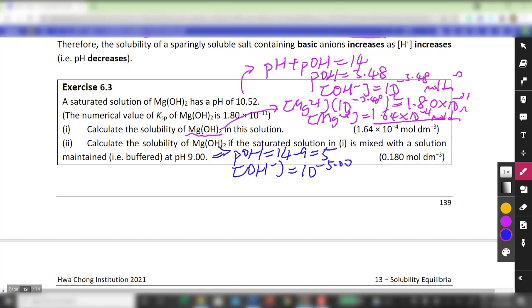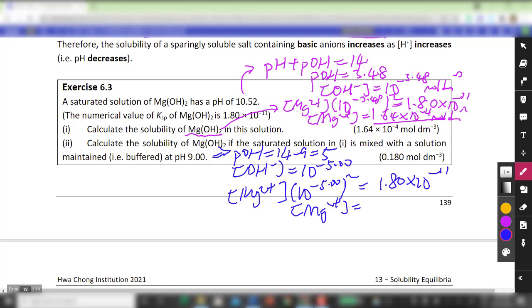And then I'm going to do the same thing: Mg2 plus multiplied by 10 to the power minus 5.00 squared, and this equals 1.80 times 10 to the power minus 11. So the concentration of Mg2 plus, I can easily calculate.